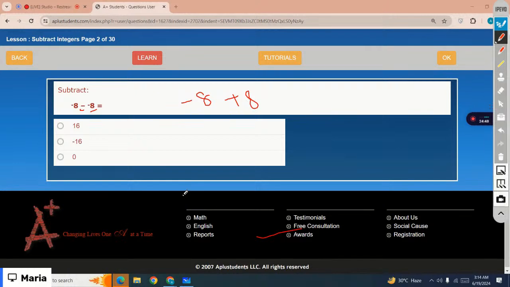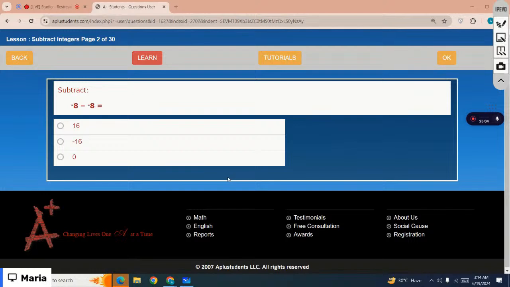You're not adding, you're subtracting. Do not apply the rules of adding integers. Subtracting a negative integer is the same as adding. You have to do -8 plus 8. That would be 0. The correct option is 0.